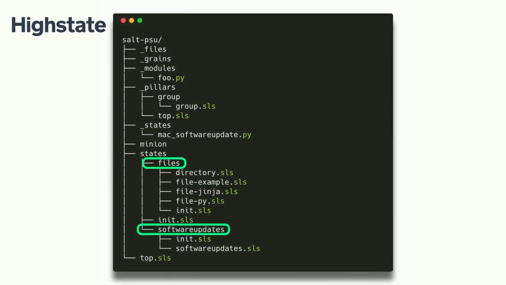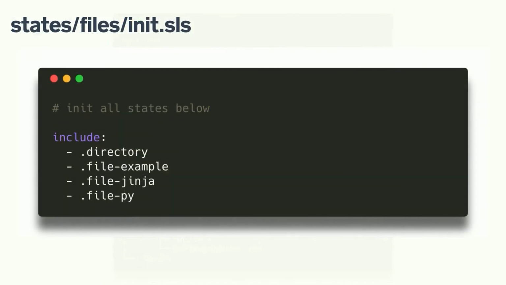So if we go back and look at that directory, it'll then look inside the files directory and the software updates directory for their individual init files, which we'll just take a look at, the files init file. And as you can see, we want to run the directory, the file example, the file Jinja, and the file pi states.